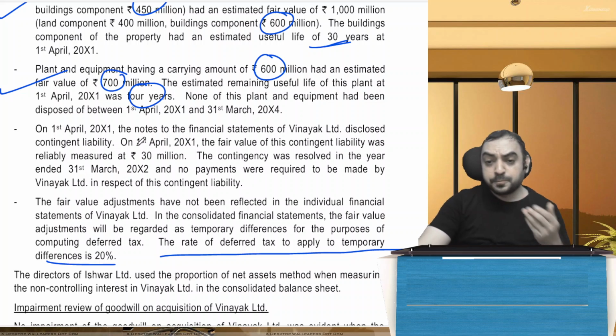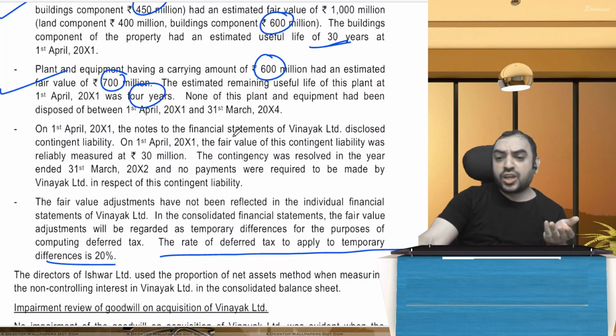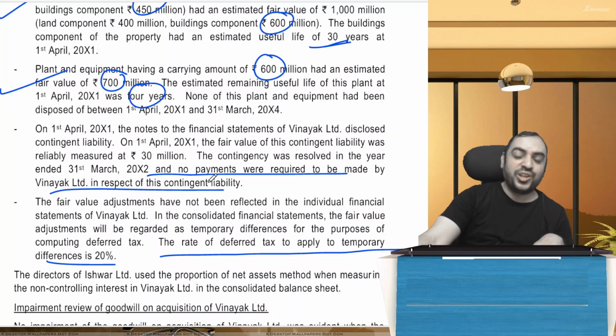Contingent liability: on 1st April, the notes to accounts of the statement disclose a contingent liability. The fair value of this contingent liability was reliably measured at 30 million. The contingency was resolved in the year ended 31st March 2002 and no payment was required in respect of the contingent liability.